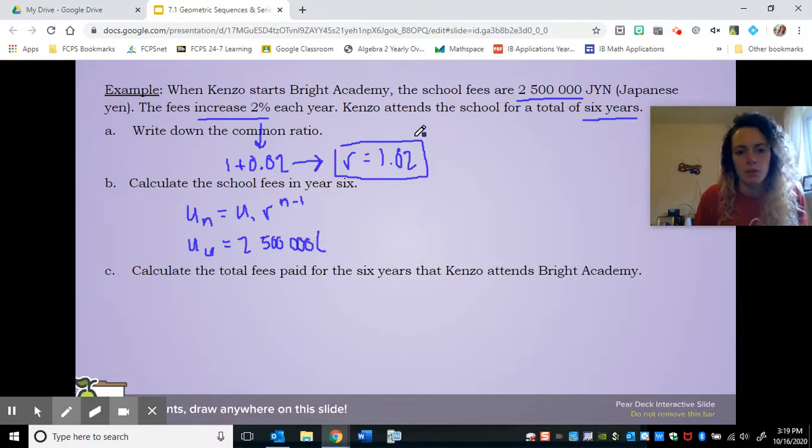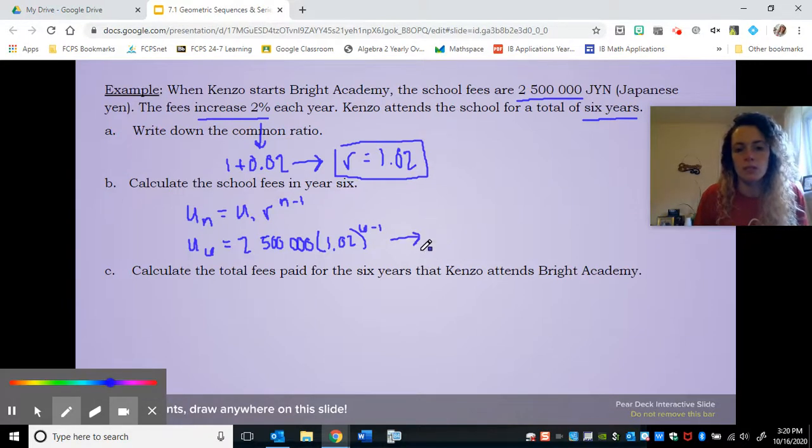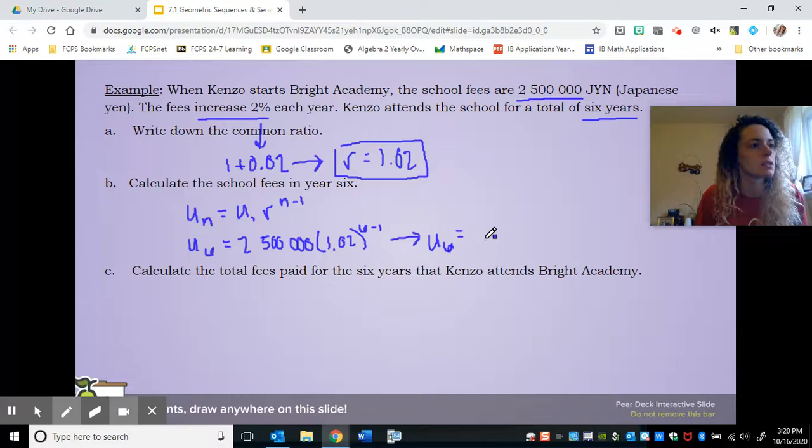The common ratio I just found was 1.02, and my n is 6. And doing some calculator math, I get that the 6th term, or in the 6th year, they are paying 2,760,202 yen and 1 cent.